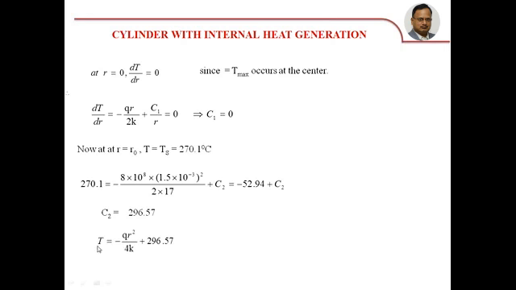Therefore the temperature distribution equation is T equal to minus q dot r square by 4k plus 296.57. Maximum temperature occurs at r equal to 0, where this term vanishes, so T maximum equals 296.57. So the surface temperature is 270, and the maximum temperature at the center is 296.57. That's all.